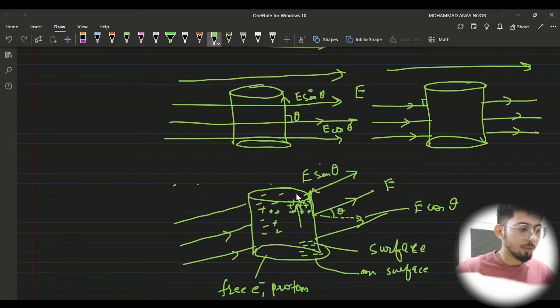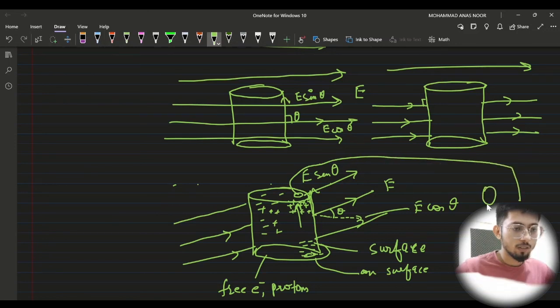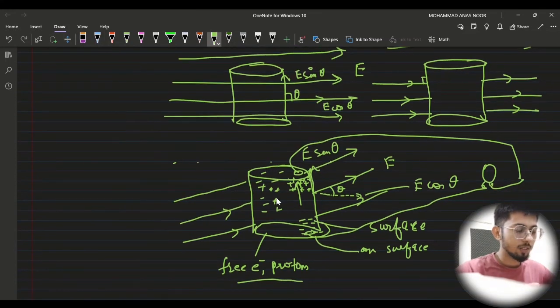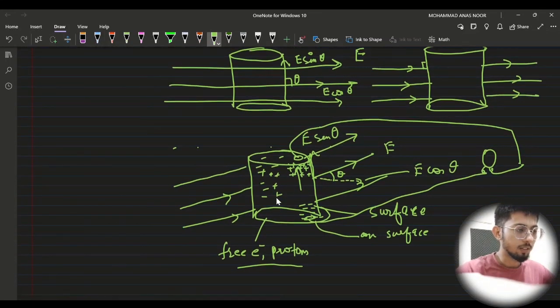The positive charges are here, the negative charges are collected here. You can connect a bulb to it with a wire, and then the bulb will light up. This does not happen in practice.